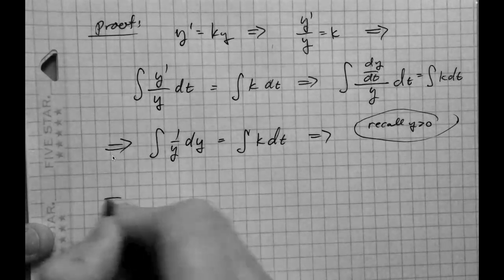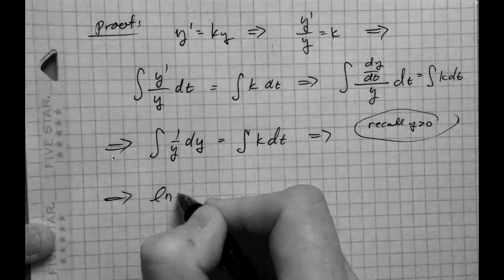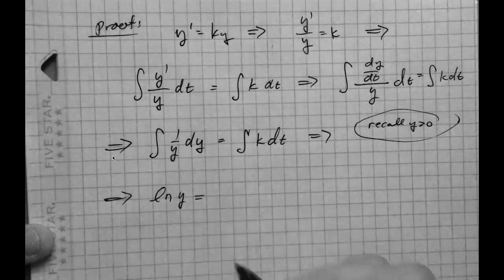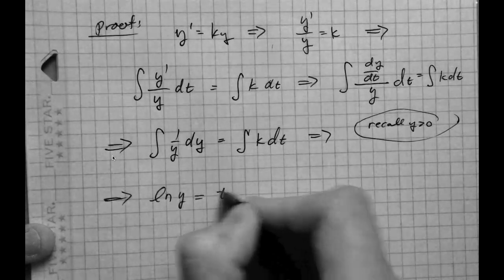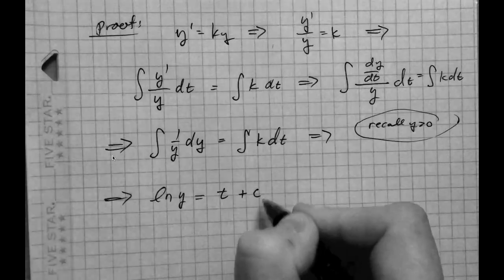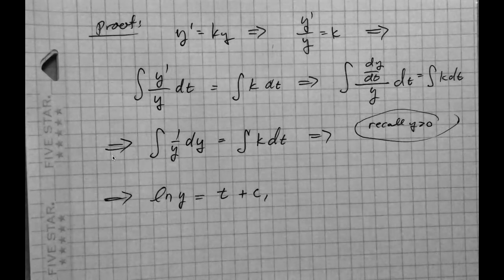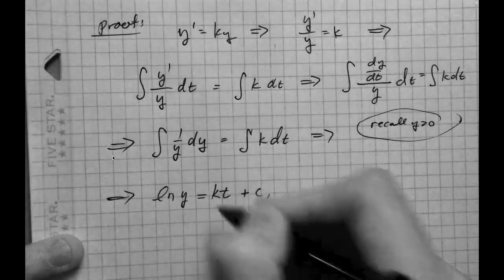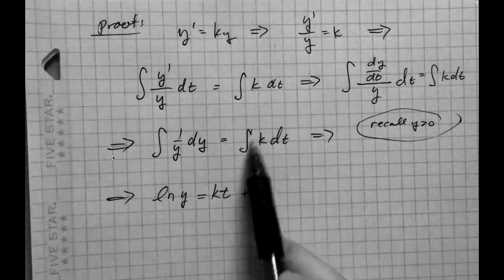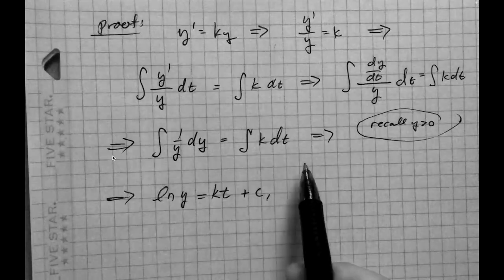And so that means the integral here is the natural log of y, and that's going to be equal to kt plus some constant. Just put c1 there. So you've got the constant, and then the integral over here with respect to t is just k times t.